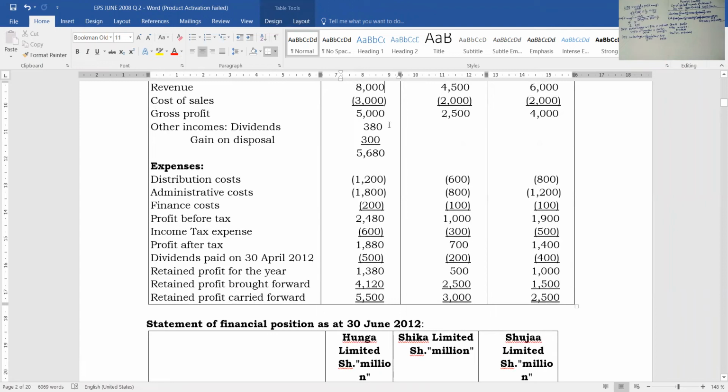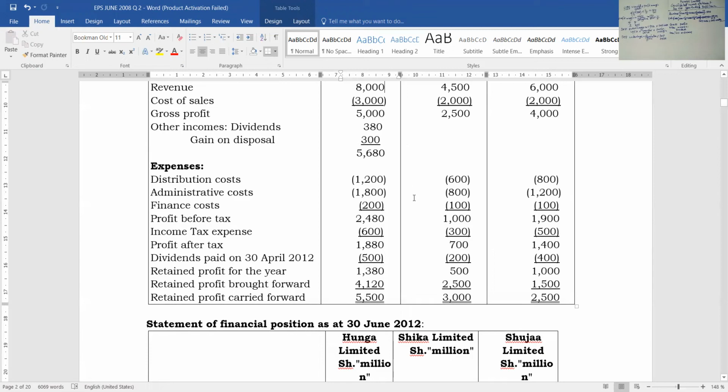For dividends, remember that these include the dividends which were received from the other investee companies, Shika and Shuja. You can see down here, after profit after tax, there's a dividend paid. Shika paid 200, Shuja paid 400. So we have to subtract them from this 380, because this is what the parent recorded.